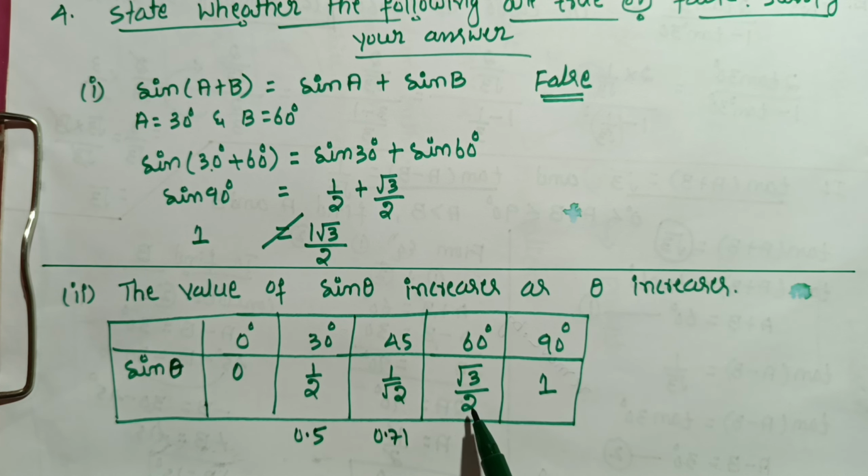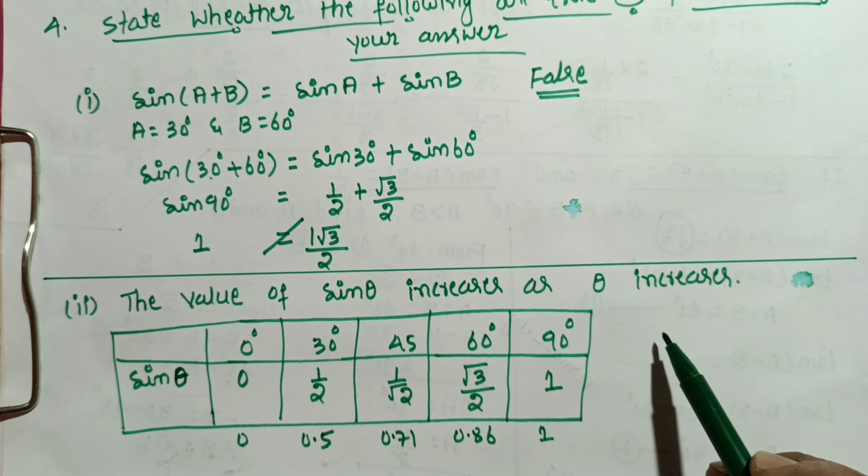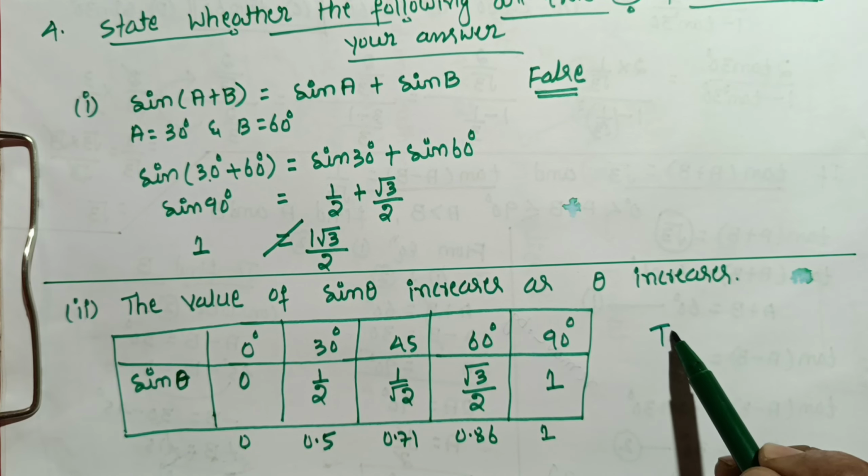Root 3 by 2 means it is 0.86. So 90 degree means it is 1. Look at the values. Here it is 0. It is also increasing as 0.5. Next 0.71. Next it is 0.86. Next it is going to 1. Hence the statement is true.